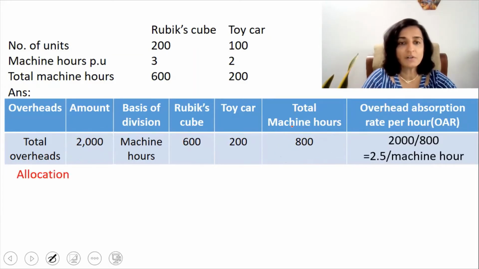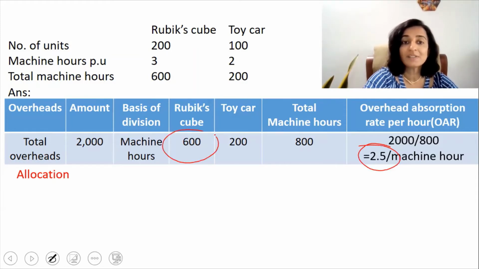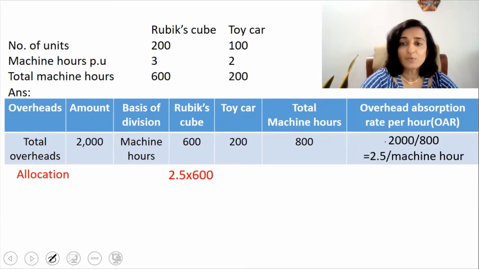So the allocation for one machine hour, the overheads is $2.5, and Rubik's Cube takes 600 machine hours. So for Rubik's Cube, it is 2.5 multiplied by 600. Now coming to toy car, each machine hour, the overhead amount is $2.5, and toy car takes 200 machine hours.